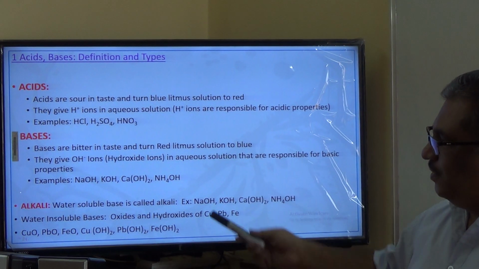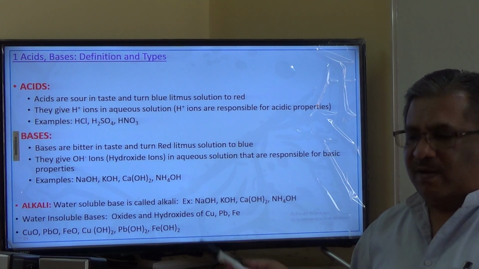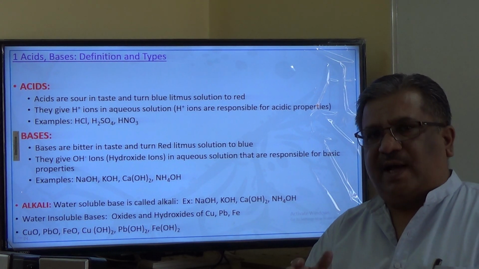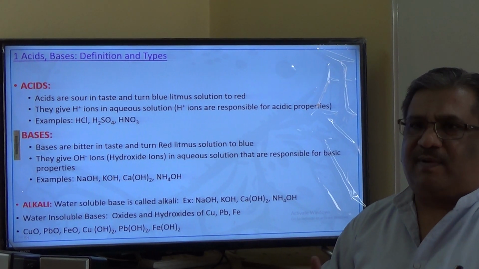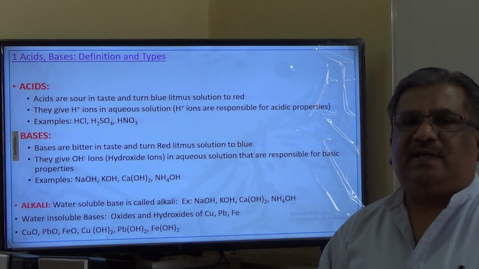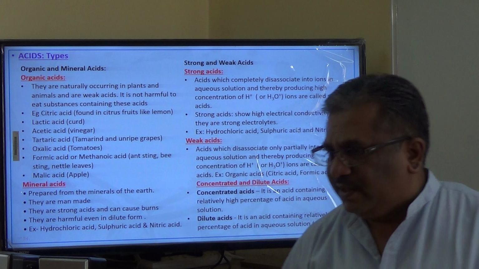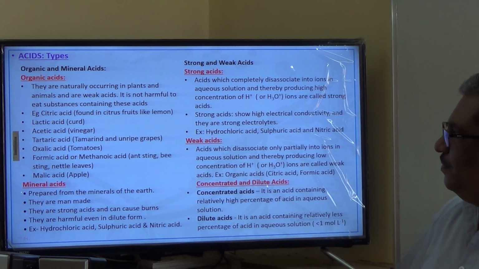Whichever I have explained, all these things are highlighted. It is preferable if you write down all these details, because I have segregated everything from the textbook and represented it in the form of a PPT with all detailed information. Then come acid types and the classification. Note it down.